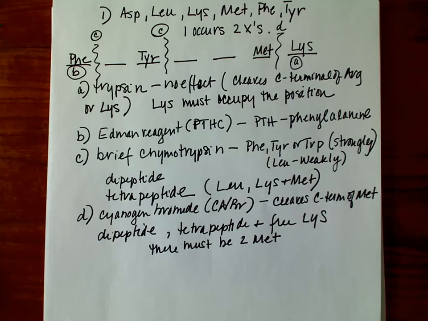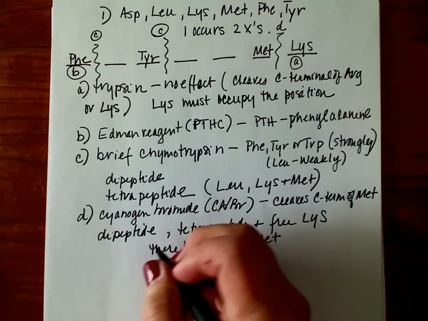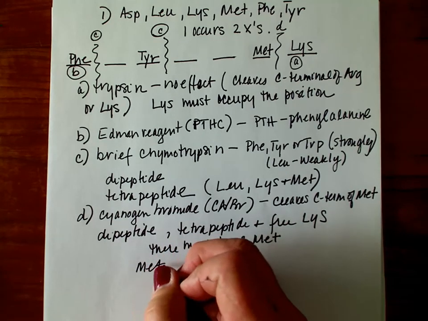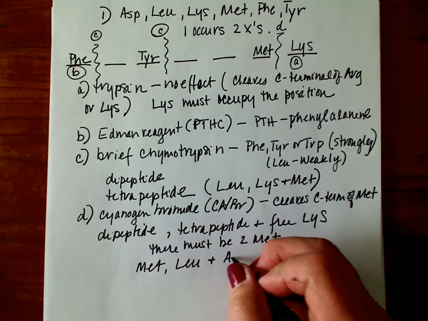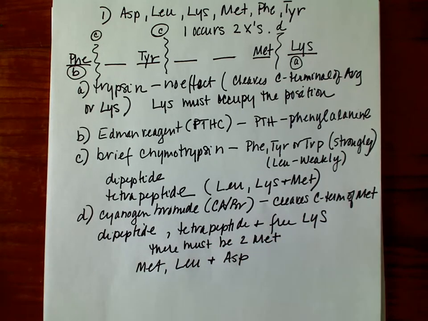So we still have 3 unassigned residues. Another Met, second one, leucine, and aspartic acid. However, to get a tetrapeptide, the second Met has to be in the 4th position.